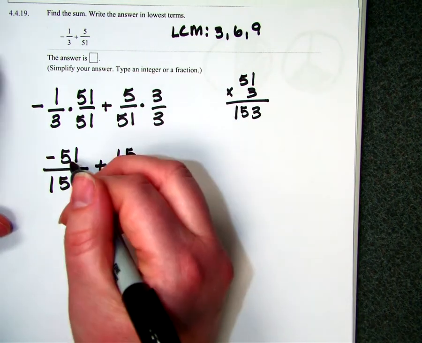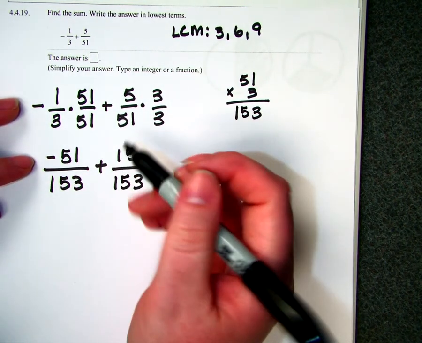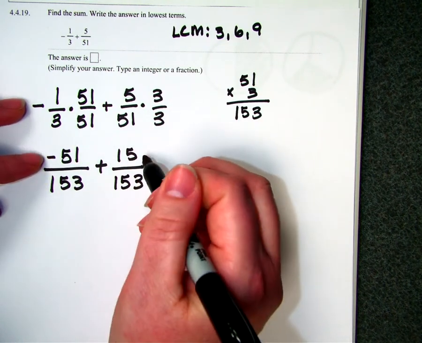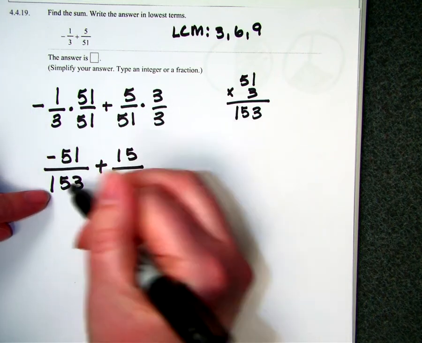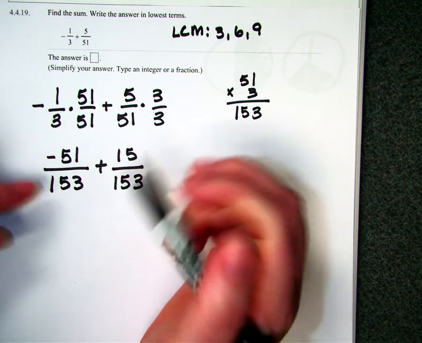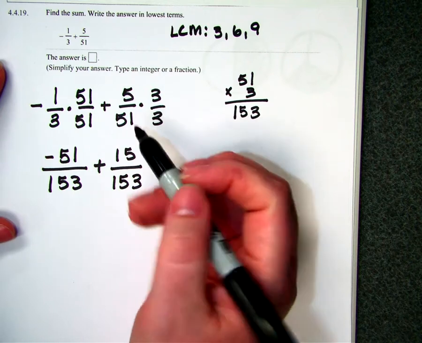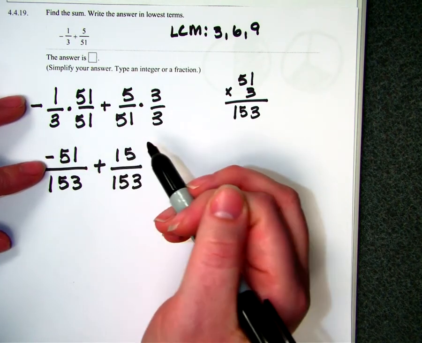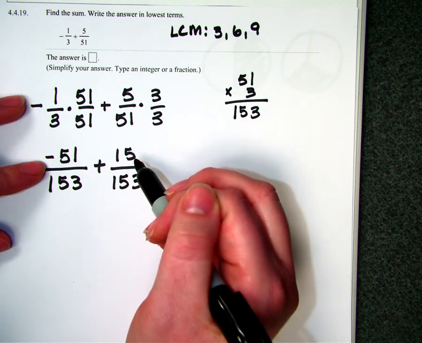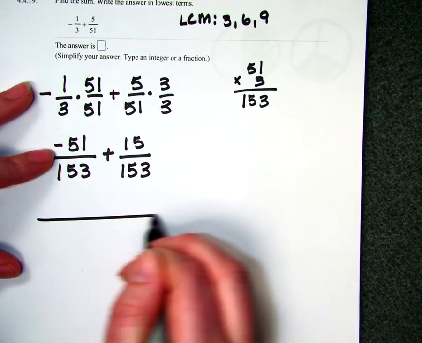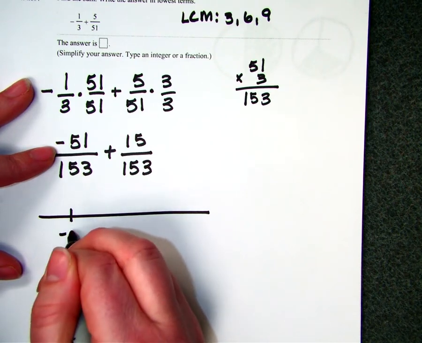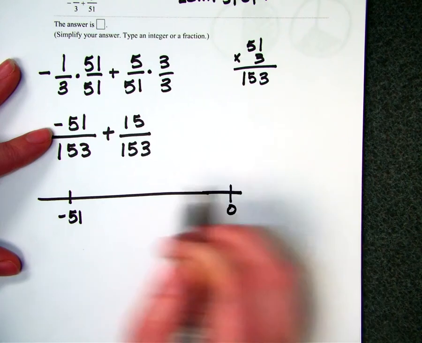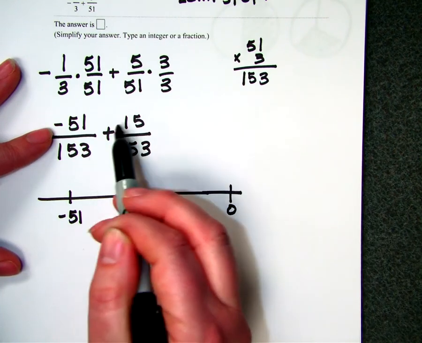All right, so now I am charged with adding these 2 fractions together. So adding the fractions together, you just add the pieces on the top. So this is the total number of pieces in each pizza, if you will, from our last example. Somebody has negative 51 pieces, and now we're adding 15 more to it. So if you think about this as part of the number line, you're at negative 51 on the number line, going towards 0, because we are adding 15.